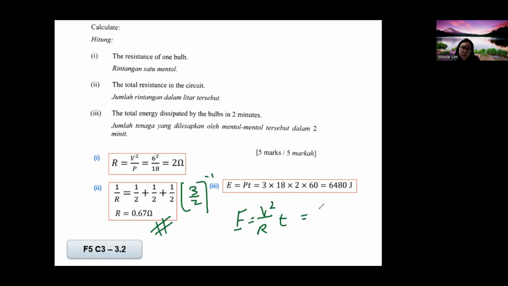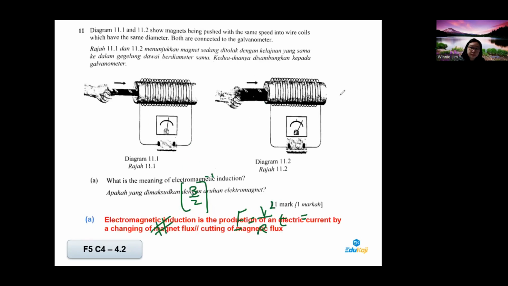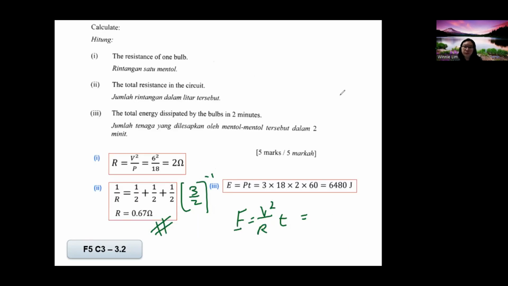This V squared is 6 squared. By right, they are supposed to be the same. We try out and see. Then the time is 2 minutes, so 120.